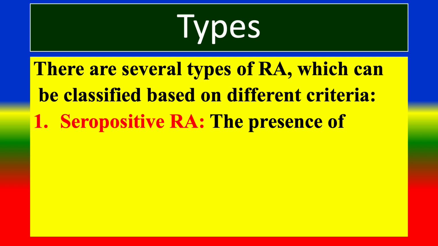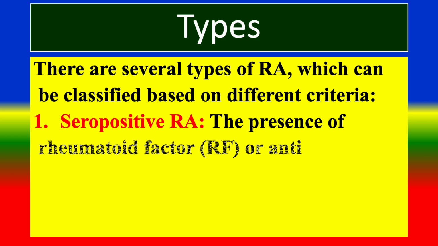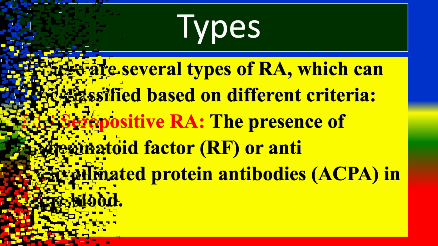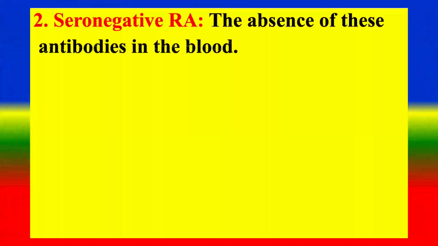Seropositive rheumatoid arthritis, the presence of rheumatoid factors or anti-citrullinated protein antibodies in the blood. 2. Seronegative rheumatoid arthritis, the absence of these antibodies in the blood.